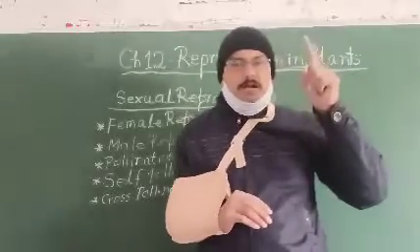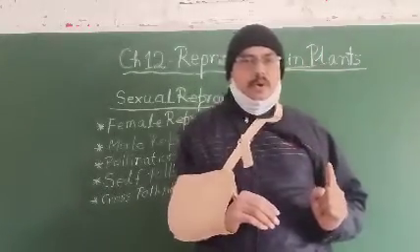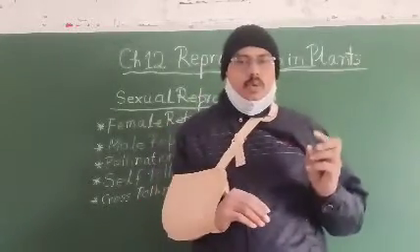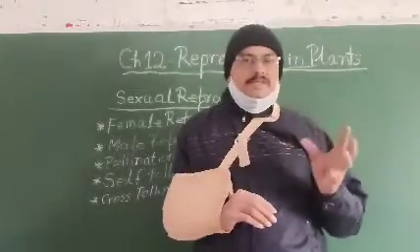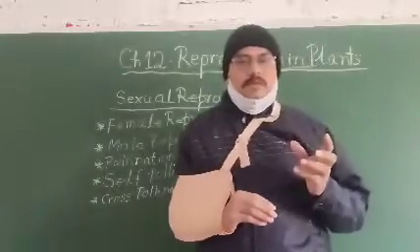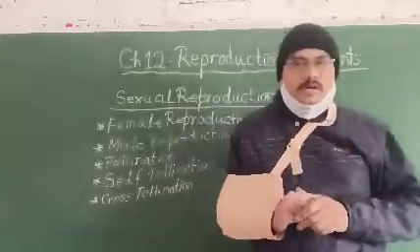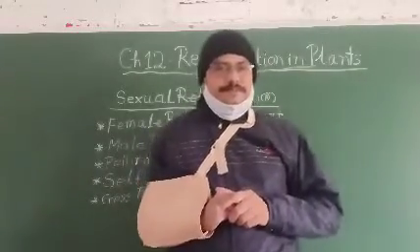So stigma is the upper part, style the mid part, and the lower part is the ovary. Inside the ovary, one or more than one ovules are present, in which the ovum is present, which is the egg cell of the flower, the female reproductive part.